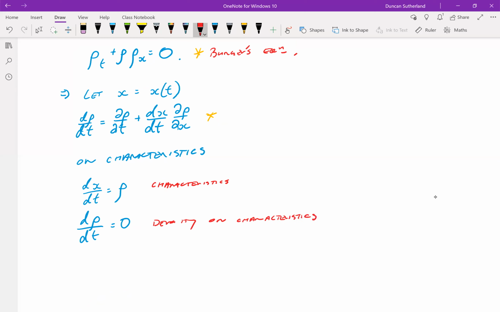Now, this says that density is constant on those characteristics. All right, now, I haven't actually specified an initial condition yet, but I know that for all times, that initial condition is just going to be shifted along, or sort of pushed along, our characteristic curves.